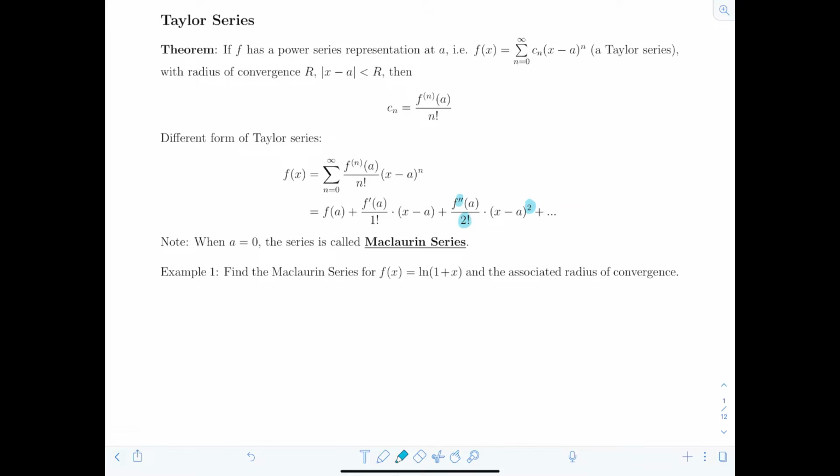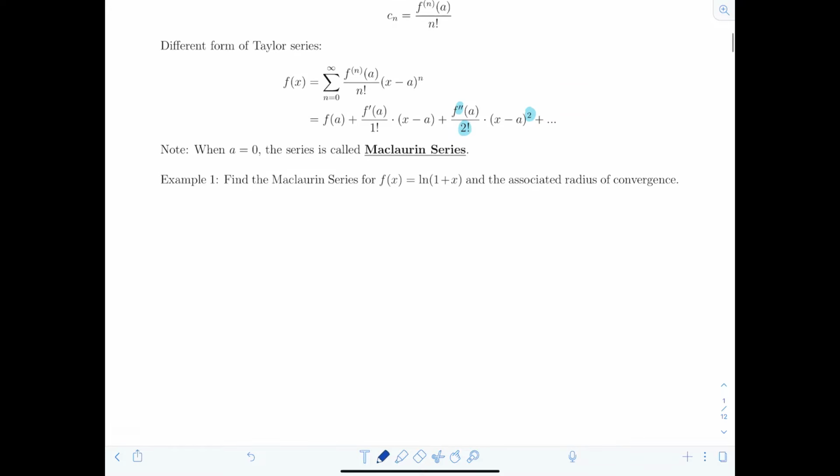So find the Maclaurin series for f of x equals the natural log of 1 plus x and the associated radius of convergence. So we're going to use the formula here. The function f of x is natural log of 1 plus x, and since they told me to find a Maclaurin series, then that means a is equal to 0. So how do we begin the process?